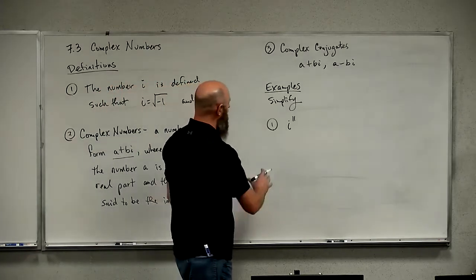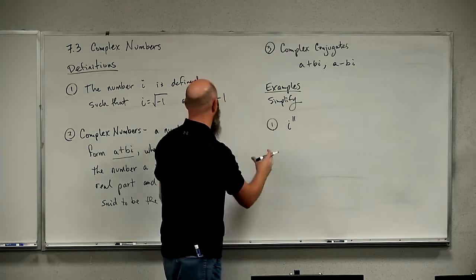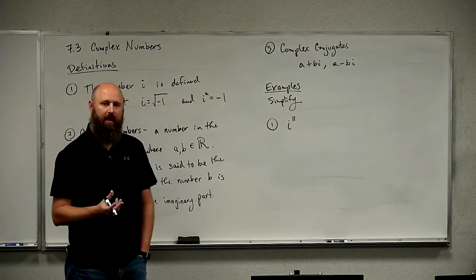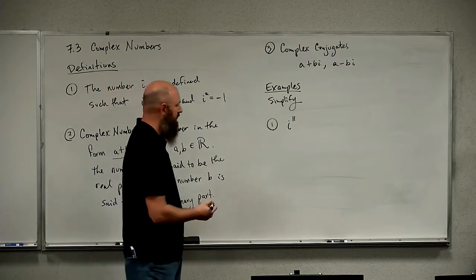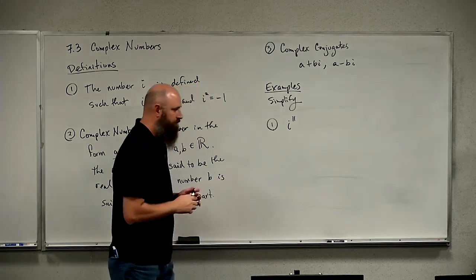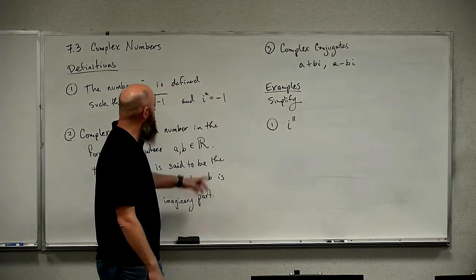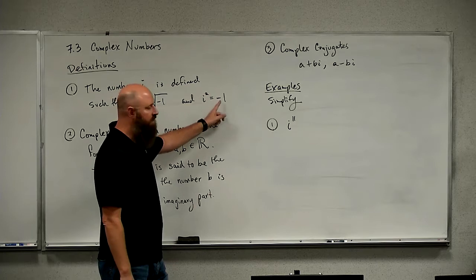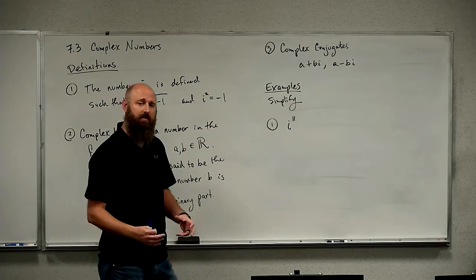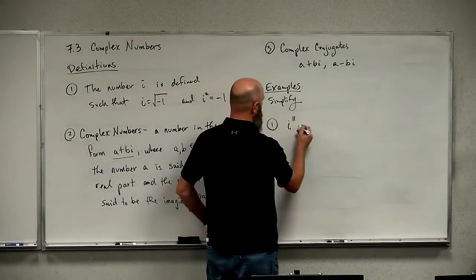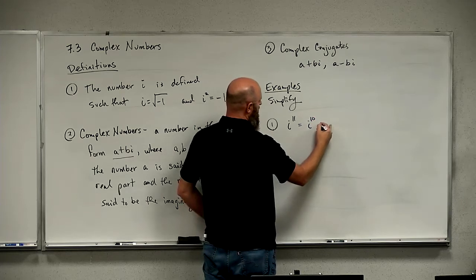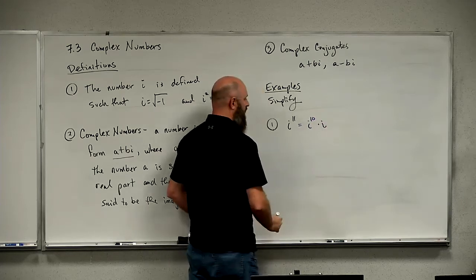All right, now, I to the 11th, we don't really know much about that, but we can break it apart and look at some other pieces of it, okay? Now, since this is an odd power, it's 11, I want to talk about evens because we know I squared is -1. So that lets me do some reducing later on if I have some evens. So I need to turn this into an even, so I to the 10th times I to the 1.